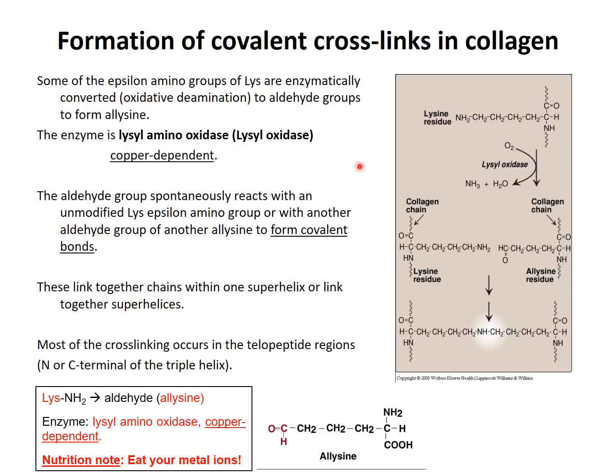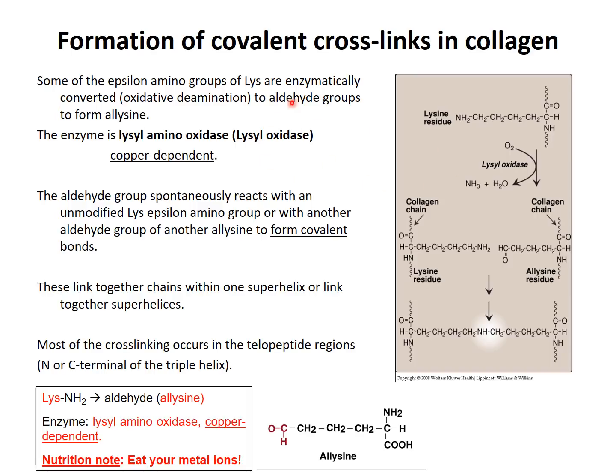Self-assembly, hydrogen bonding, ionic interactions, none of them are covalent, but to make a very strong fiber, we need to have covalent cross-linking of the collagen monomers already assembled into the fibrils itself.